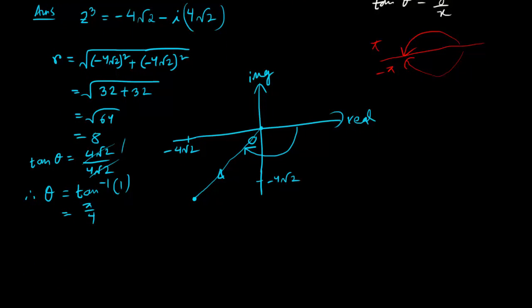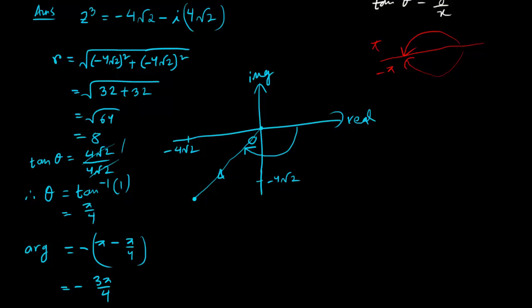That means the argument of the complex number is going to be pi minus pi by 4, and since it's in the opposite direction, it's going to be negative. So this is going to be 3 pi by 4. Minus 3 pi by 4 is the argument.